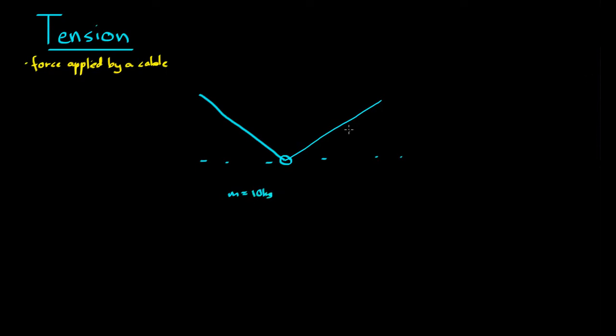This particle has tension force 1 and tension force 2. And the weight force, 100 newtons. And the angles in here are 30 degrees and 30 degrees. And this ball is stationary.